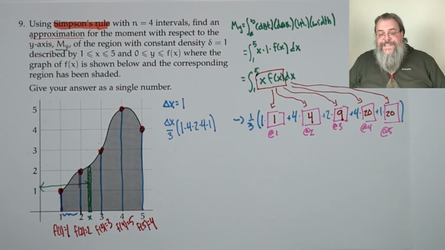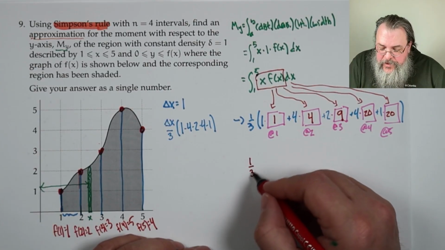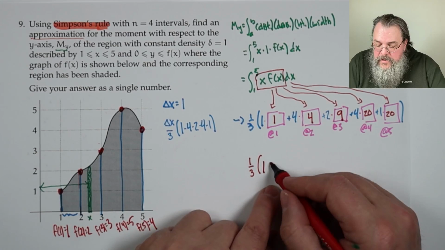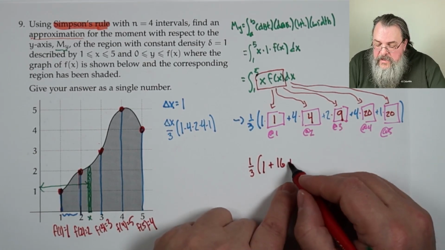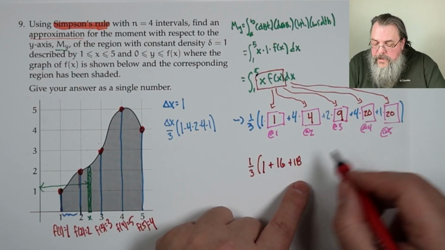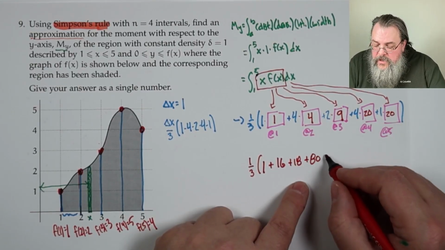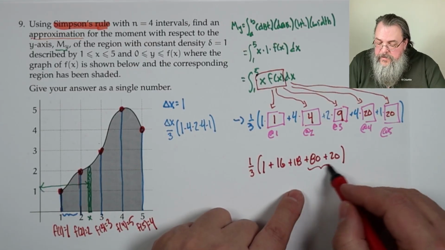All right. So we have our approximation is 1/3. Well, let's start simplifying. 1 times 1 is 1. 4 times 4, 16. 2 times 9, 18. 4 times 20, 80. 1 times 20, 20. Well, 80 plus 20 is going to be really easy to work with.